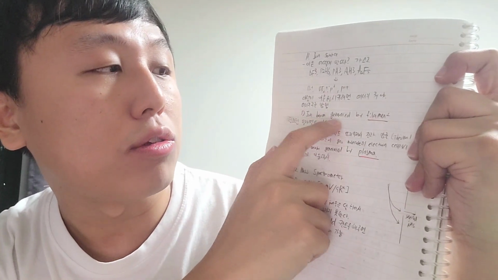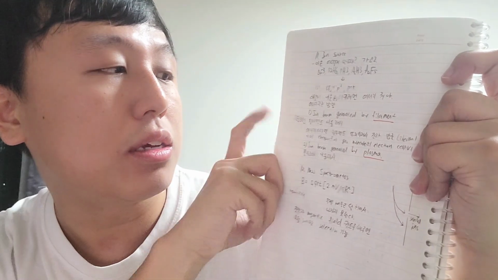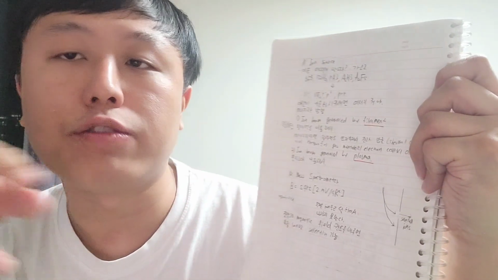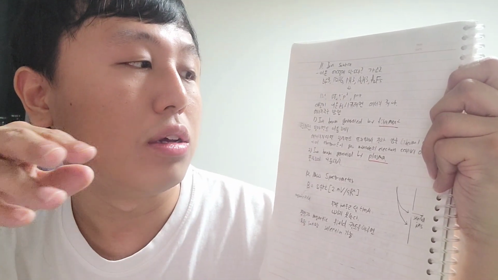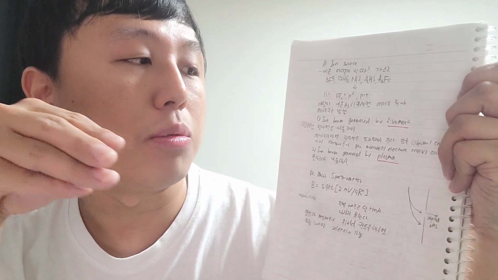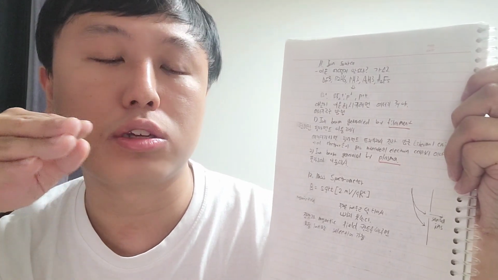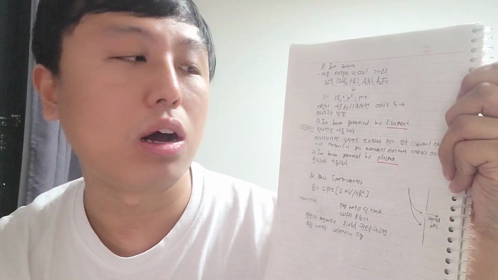First, the ion beam can be generated by a tungsten filament. If we supply energy, the filament heats up and electrons go out.